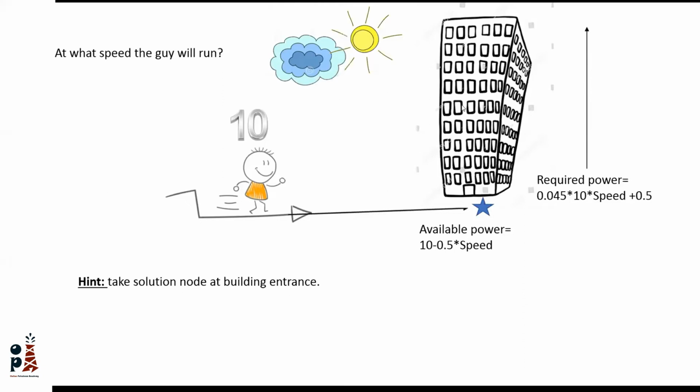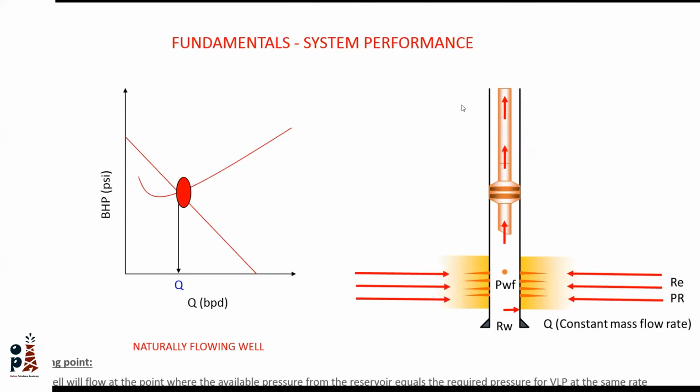Let's do this analogy on our well. So while the reservoir fluid moves inside the reservoir with a certain drainage radius, RE, and the reservoir has a certain pressure, through the reservoir with a certain height and certain radius till it reaches the bottom hole with an available pressure.